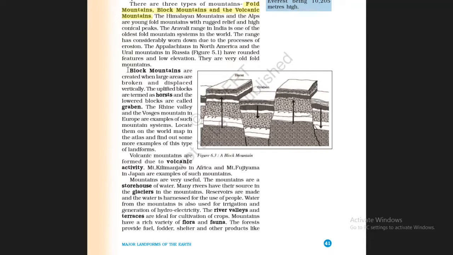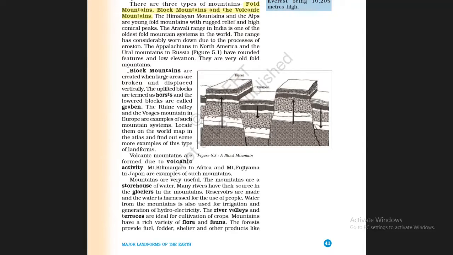The Aravalli range in India, Vindhyas, Aravalli, okay, these are the ranges in India. They are the oldest mountains. Remember, okay. The Aravalli Range in India is one of the oldest fold mountain systems in the world. The range has considerably worn down due to the processes of erosion.